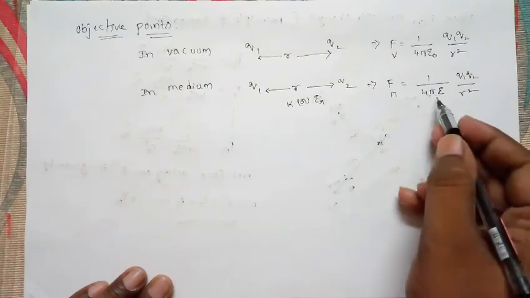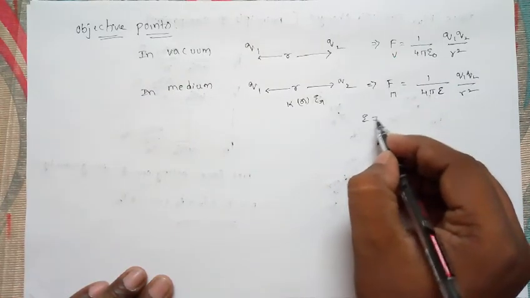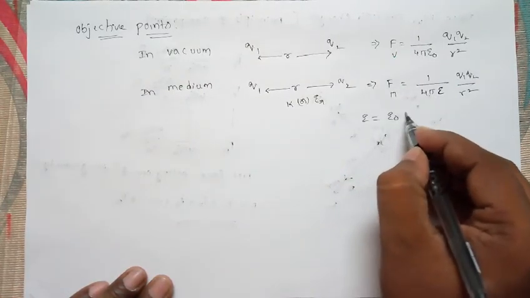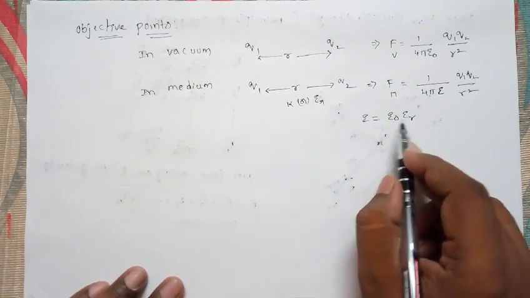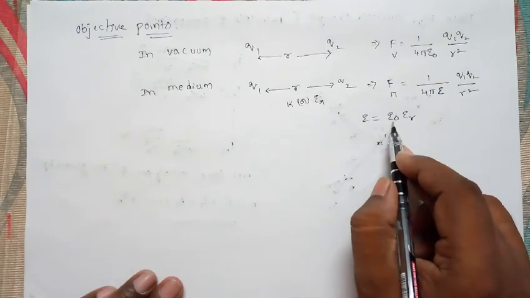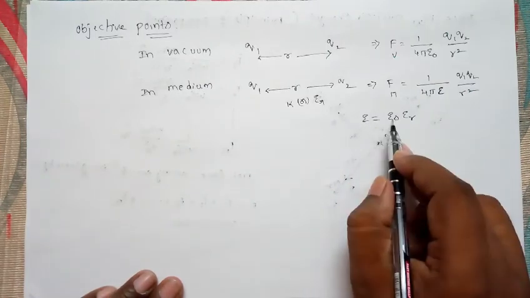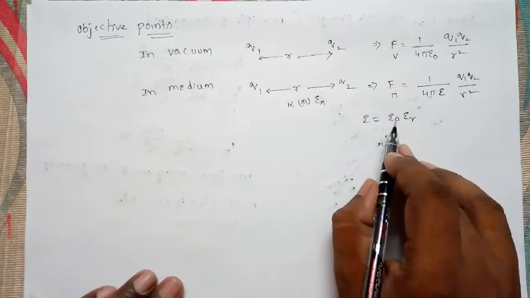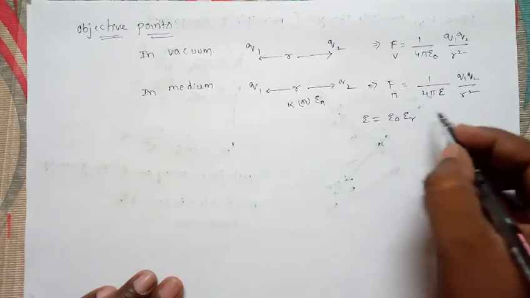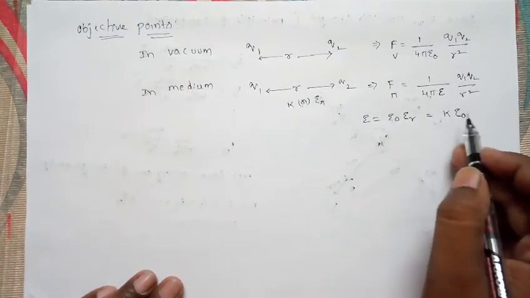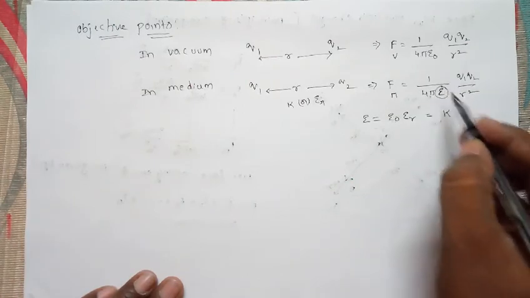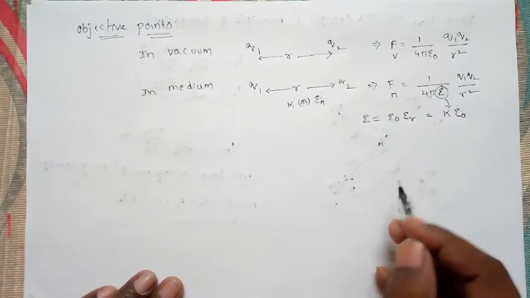In this, epsilon is nothing but epsilon naught epsilon R. You know, epsilon R, the relative permittivity, is the permittivity of the medium to the permittivity of free space. So the permittivity of the medium equals the permittivity of free space into the relative permittivity, or else you can also write this as K epsilon naught. That's why in place of epsilon you can write K epsilon naught.